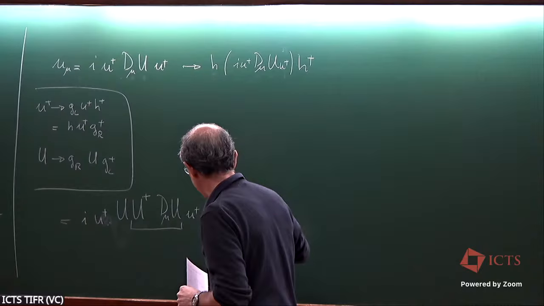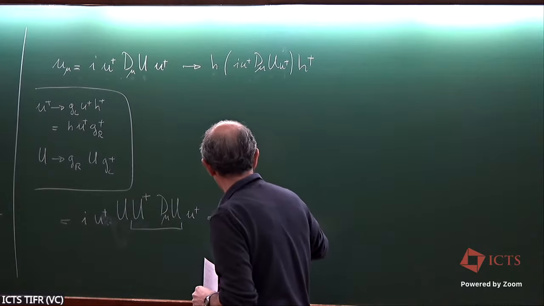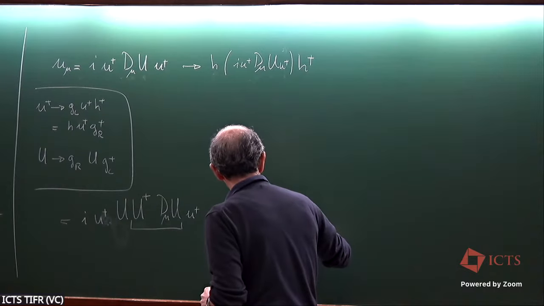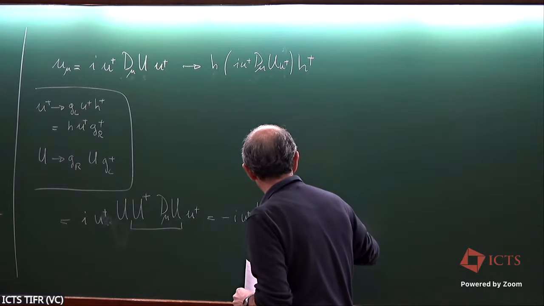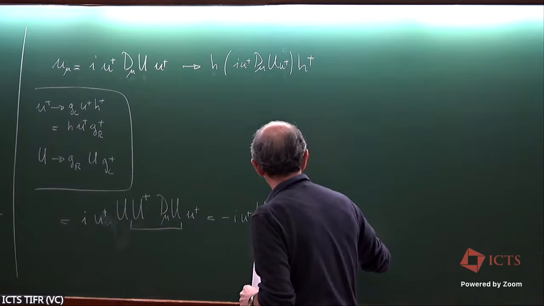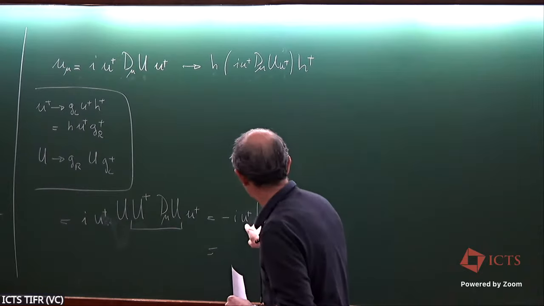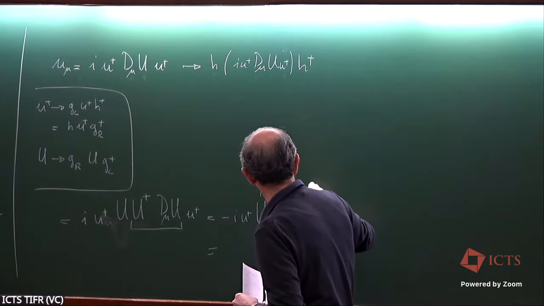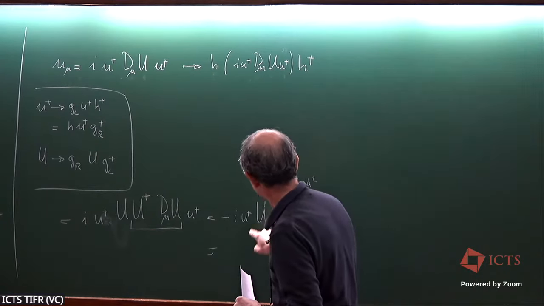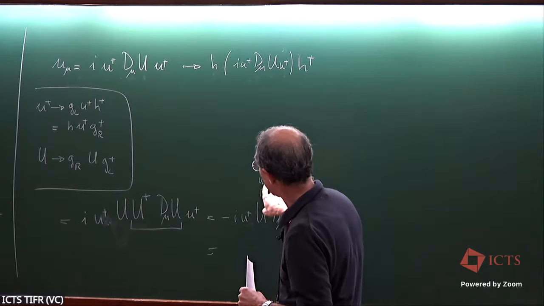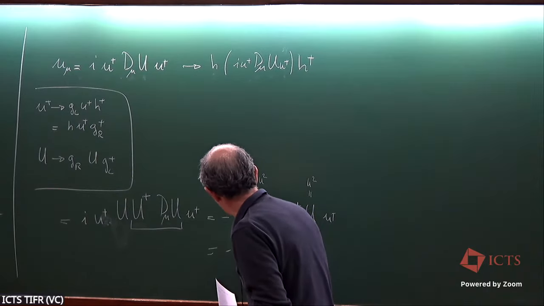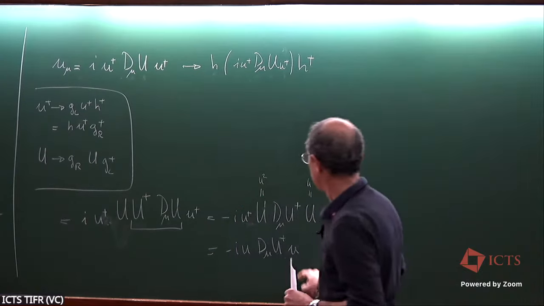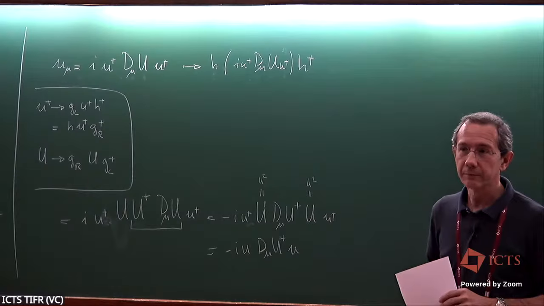So this will become minus I U dagger, the big U, the derivative now acting on U dagger, the big U, and the little u. And now this is just U square. So here, this little U dagger annihilates one of the two, so this becomes my other expression, okay?